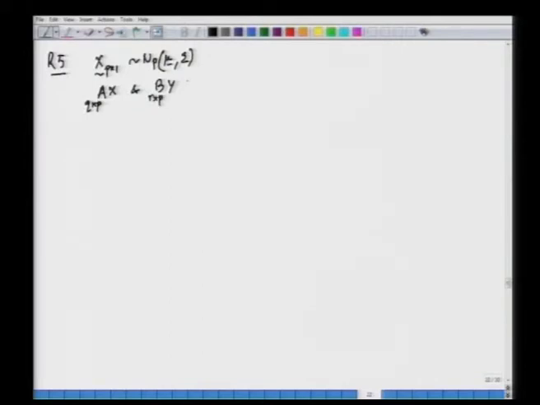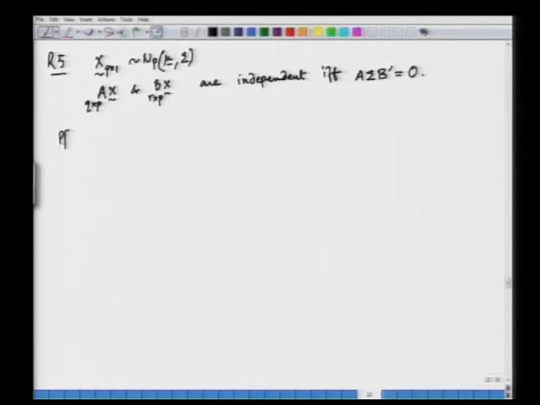I will say that the two linear forms, the same variable x, are independent if and only if A sigma B transpose is a null matrix.